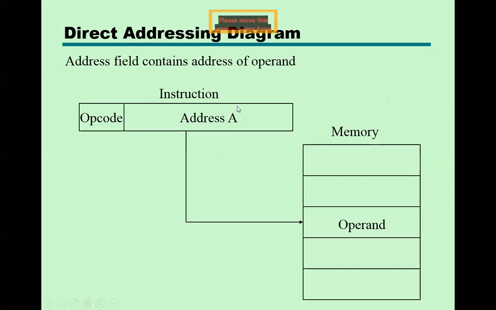But here, this instruction is holding an address. Suppose this address is 901, this address is 902, and this one is 903. So these are the addresses of a memory. And suppose here the address written is, for example, 902.